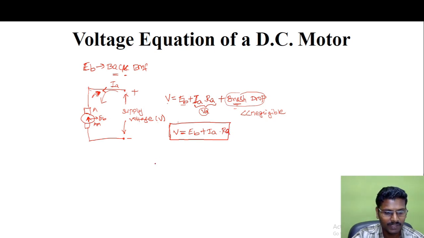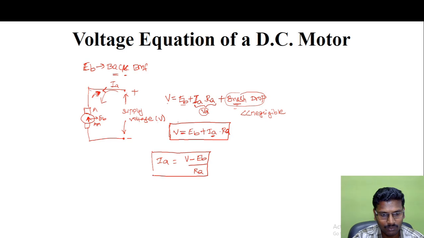Now, if we want to calculate the value of IA, IA is equal to V minus EB divided by RA. So we can also calculate the armature current IA from the voltage expression.